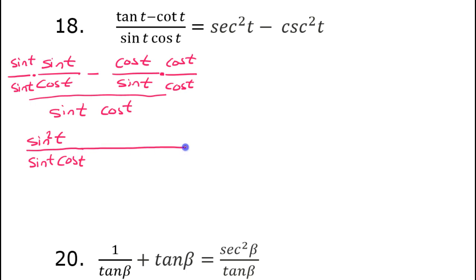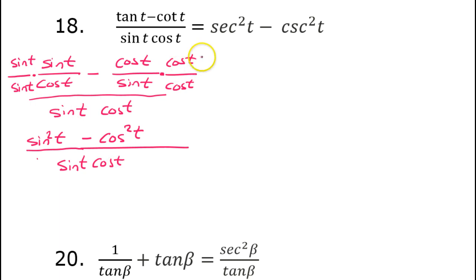Okay, actually, I have denominators, so the whole point is to put these together with a single denominator. I'm not sure why I was writing that so separately. So I'm going to have sine squared t minus cosine squared t over the common denominator of sine t cosine t.